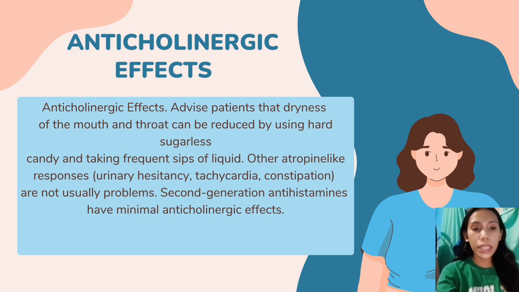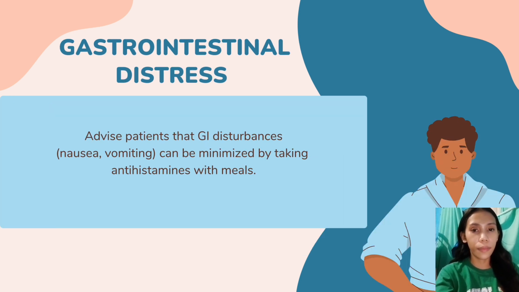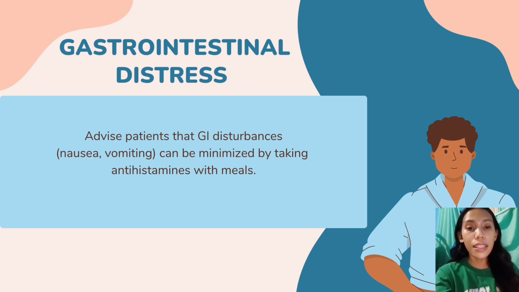Other atropine-like responses, such as urinary hesitancy, tachycardia, and constipation, are not usually problems. Second-generation antihistamines have minimal anticholinergic effects. Gastrointestinal distress: advise patients that GI disturbance, nausea, and vomiting can be minimized by taking antihistamines with meals.